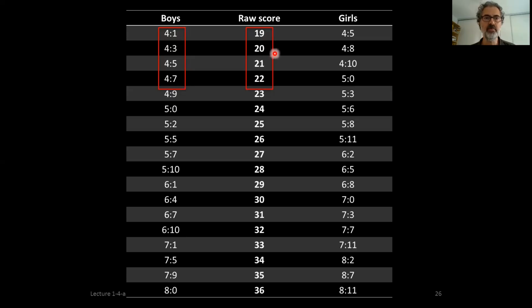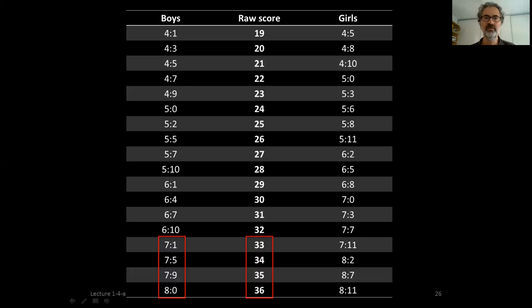So 3 points in the test correspond to 6 months of development at this age. At the other end of the scale, going from 33 to 36, which again is 3 points, corresponds with the difference from 7 years 1 month to 8 years. So 3 points difference here is associated with the whole year of development. So 3 points is not very informative in itself.